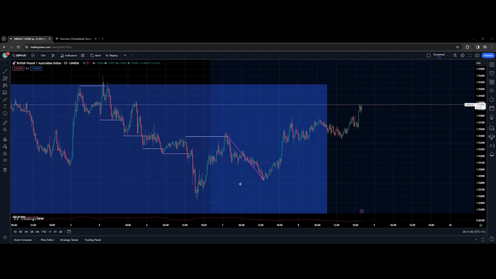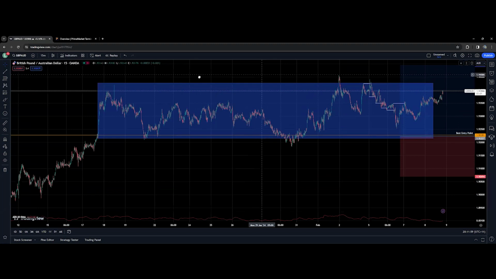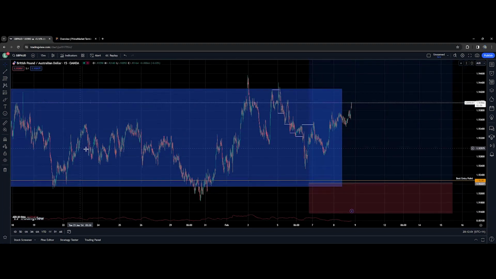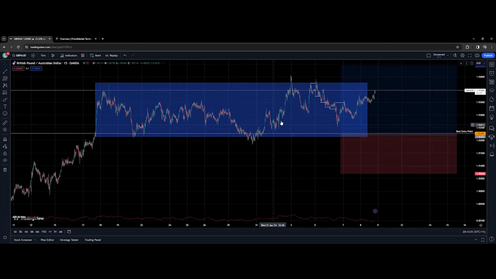That was a good entry point, and from that pullback we could look at areas that have previously been support or resistance. It feels like we do have some contest around here. Let me grab the pen.